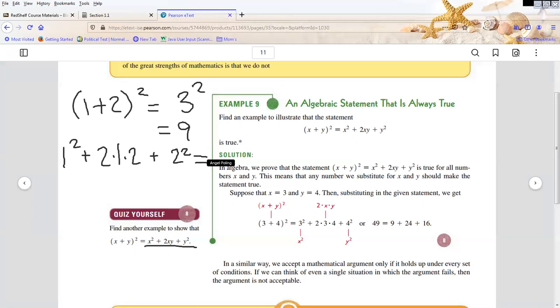This is 1 squared is 1, plus 2 times 1 times 2 is 4, plus 2 squared is 4, and 1 plus 4 is 5, plus 4 is 9, and you can see that we got a 9 on the left-hand side and 9 on the right-hand side. So we found another example that shows this equal sign is always true.